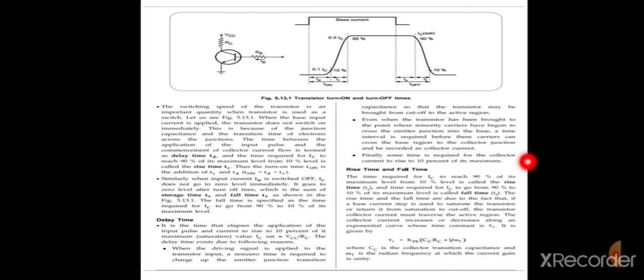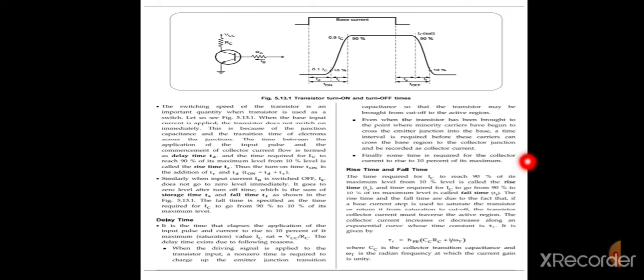The time between the application of the input pulse and the commencement of collector current flow is termed the delay time TD, and the time required for IC to reach 90% of its maximum level from the 10% level is called the rise time TR. Thus, the turn on time T on is the addition of TR and TD.